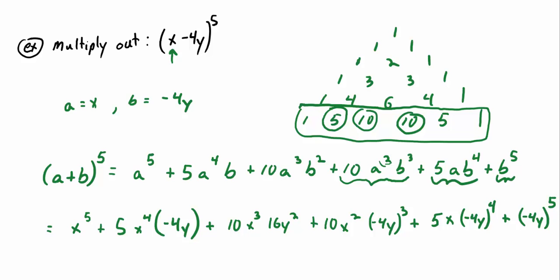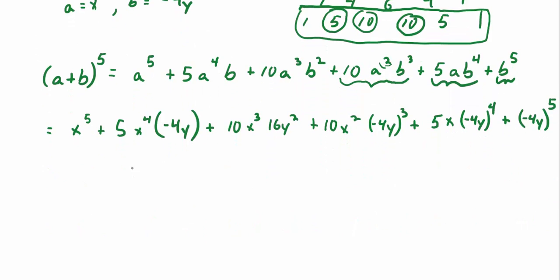Okay, let's calculate this. We get x to the fifth for the first term. What's the next one? Minus 20 x to the fourth times y plus 160 x cubed y squared minus 640 x squared y cubed.